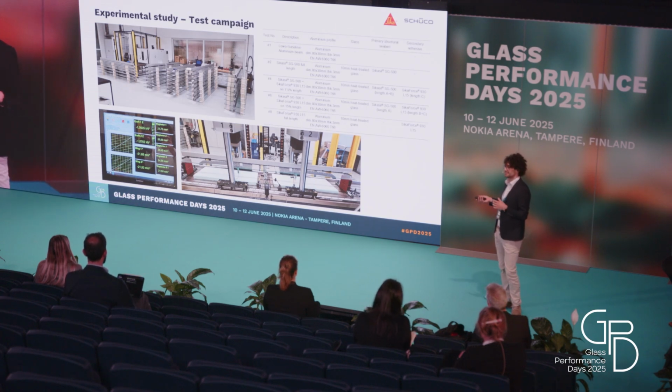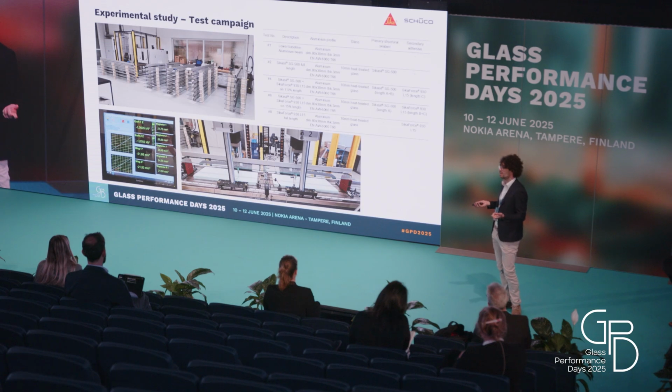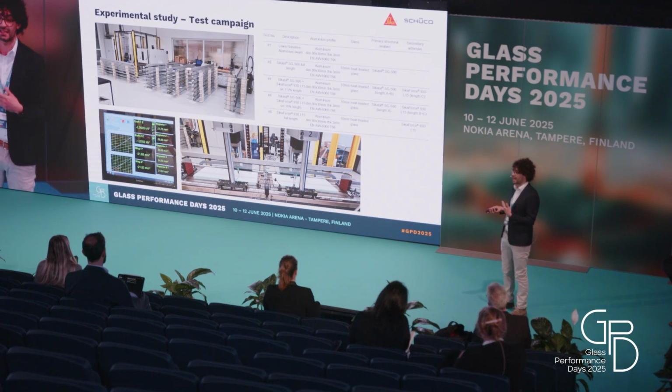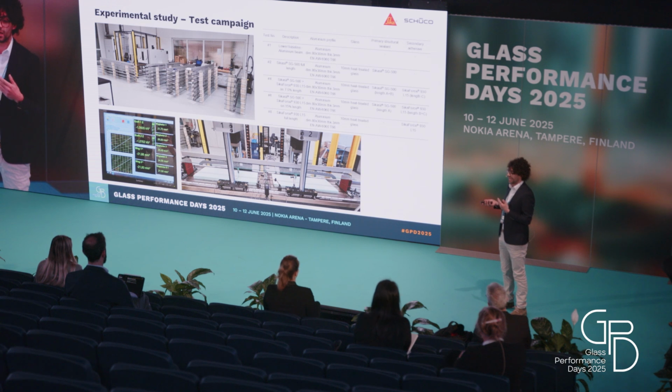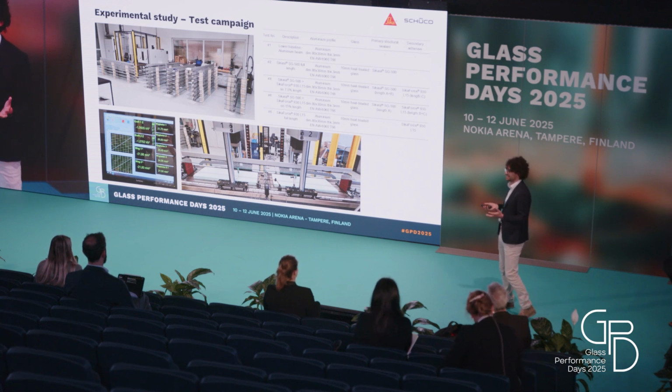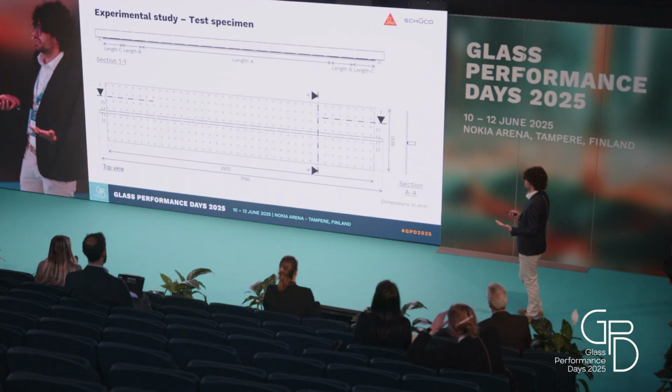We tested all the beams for L over 200, the traditional serviceability limit state deflection limit for facades, and we recorded tests up to L over 60, which can be considered a sort of ultimate limit state in terms of deflection.